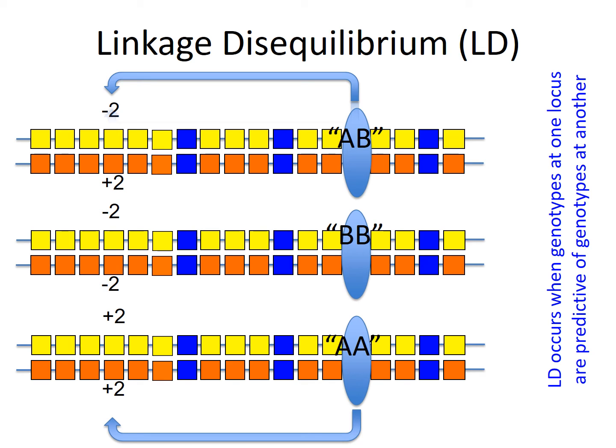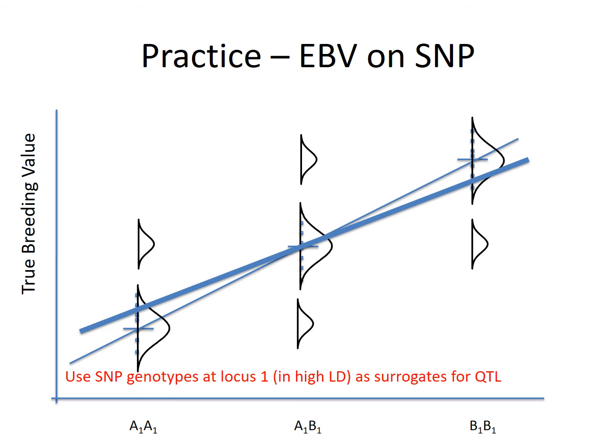So in real life data, what I might get is some breeding values that I could regress on the number of copies of the B allele that occur at one of those 50,000 positions in the genome.